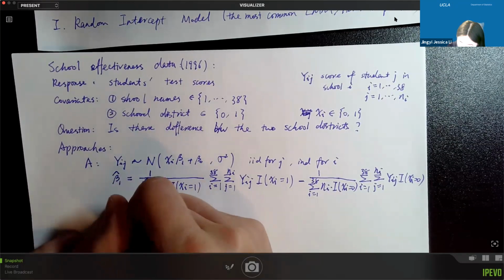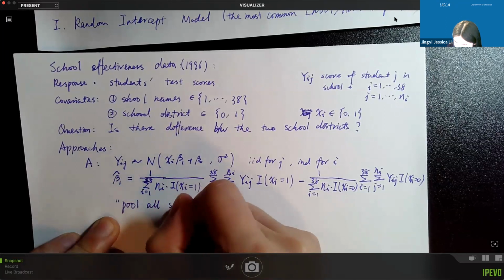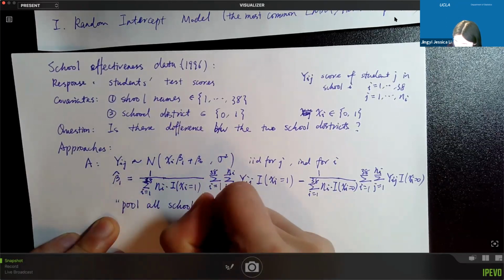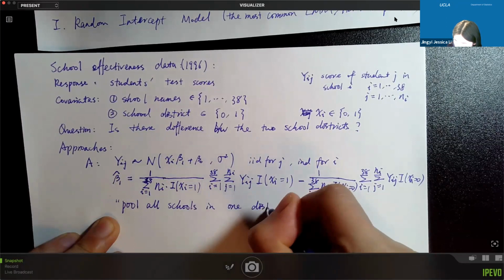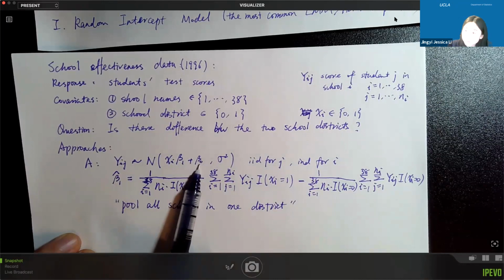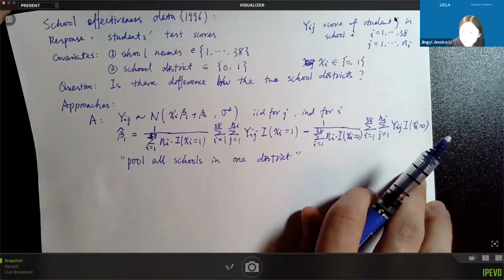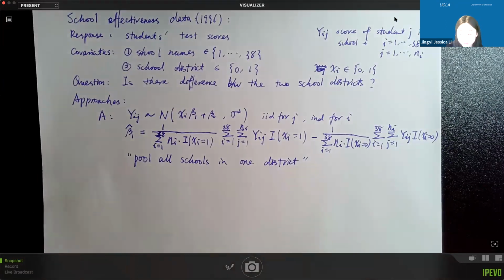So this pools all schools in one district. The reason is because here our beta 0 is a common intercept. You may wonder if this is problematic, because the school should carry some information with itself, as students in one school may perform similarly, and there might be differences between the schools within one district.